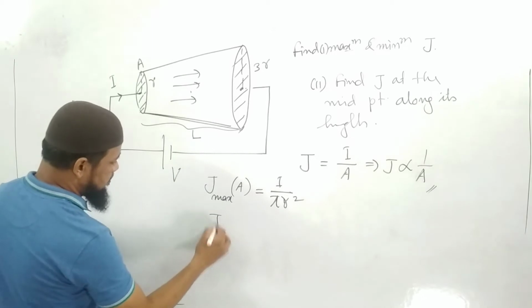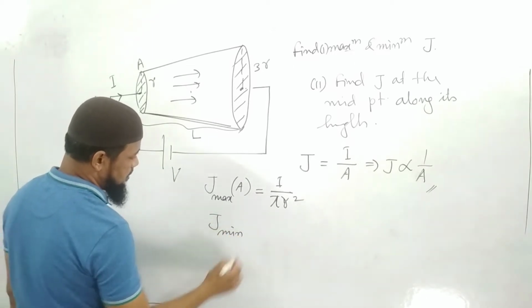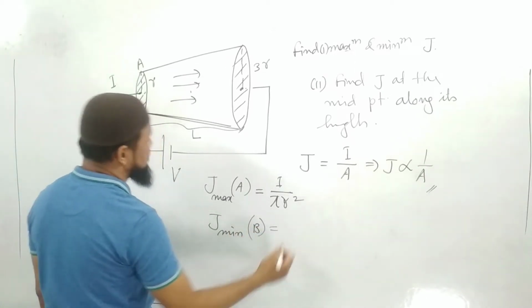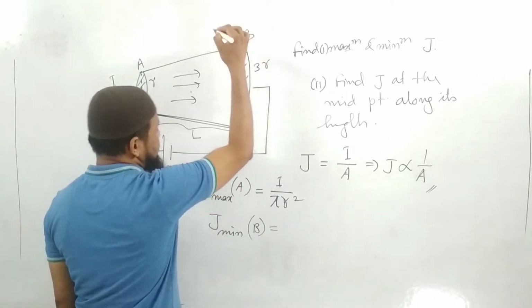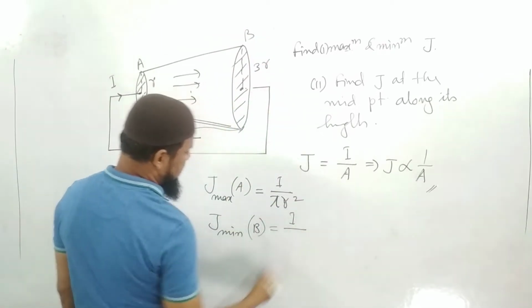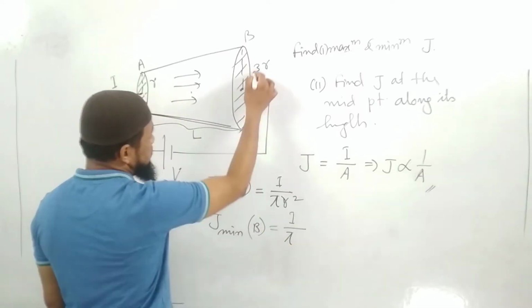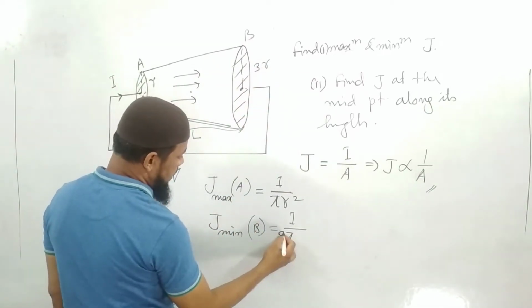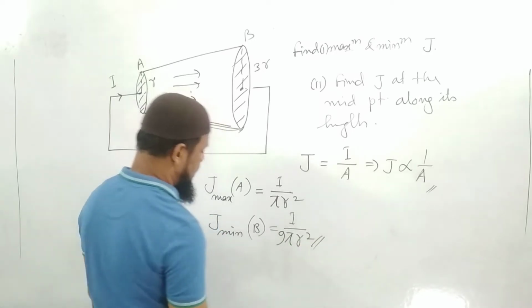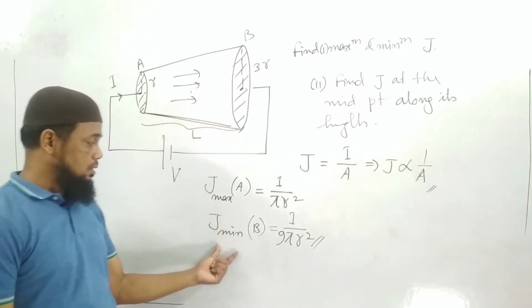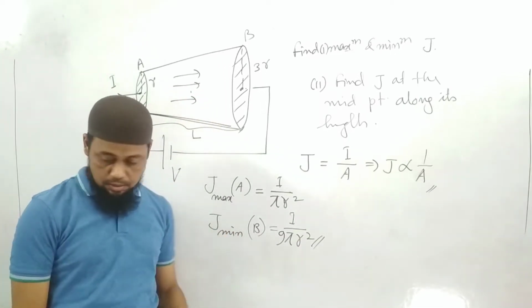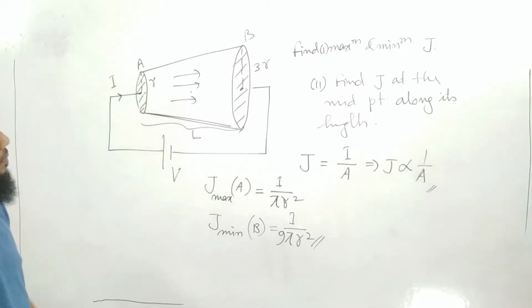And J minimum, where is it? At B. Let me call this particular point B. The current is I, and the area will be pi times 3r square, that is 9 pi r square. This is the minimum current density, and that was the maximum.